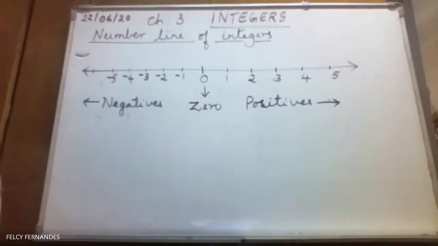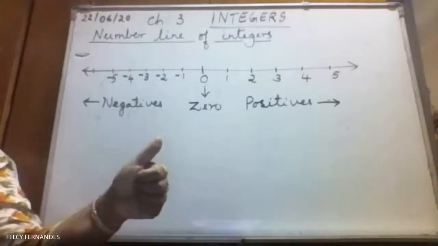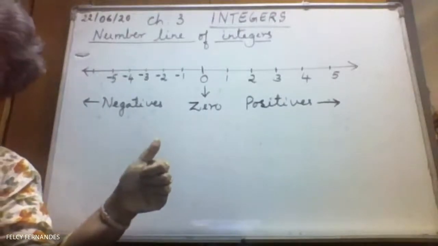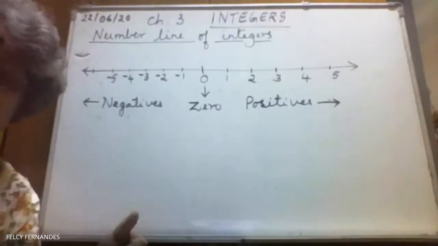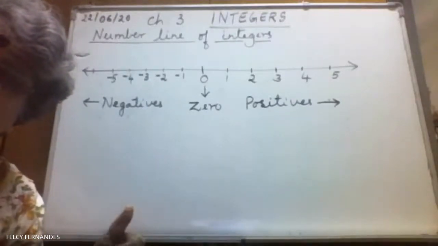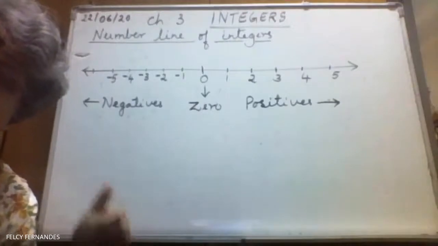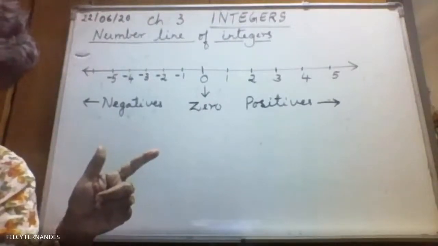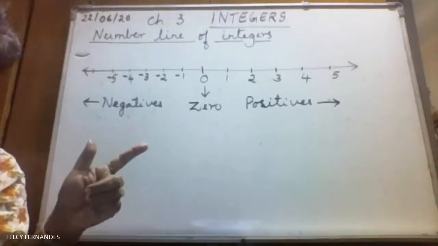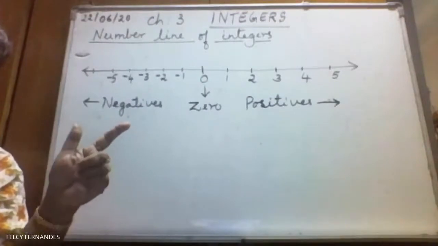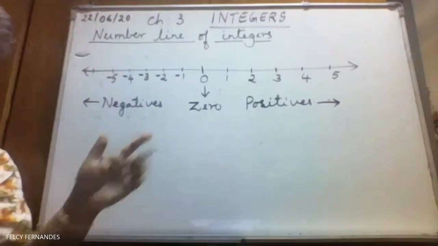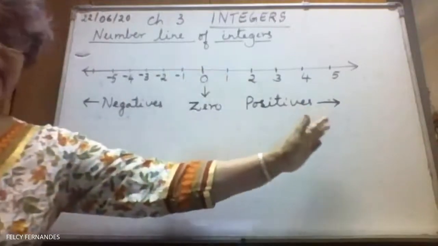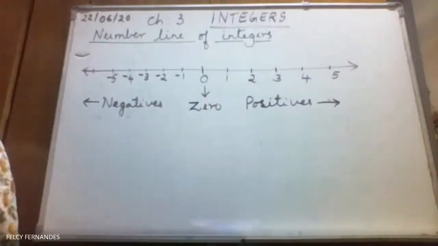So now you know 3 points. The first point is 0 has no sign, so we say 0 is neither positive nor negative. Second, positive integers are always greater than 0.